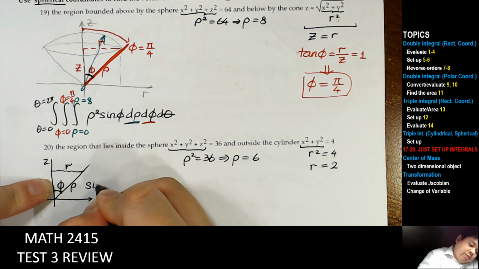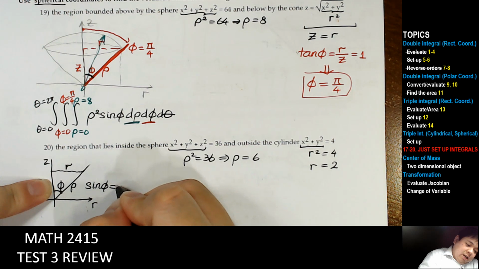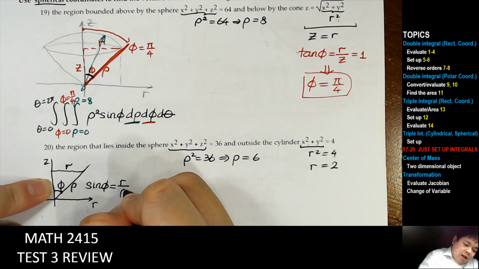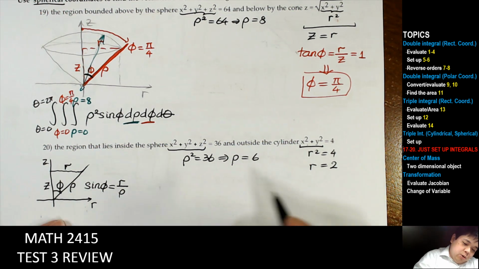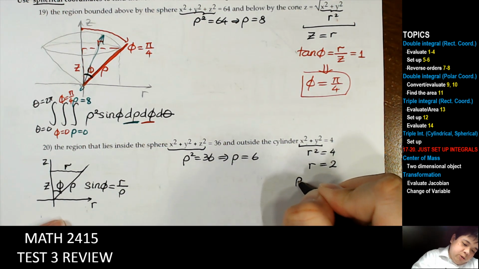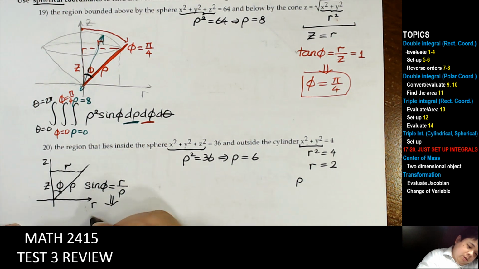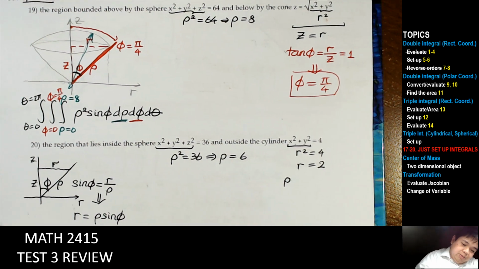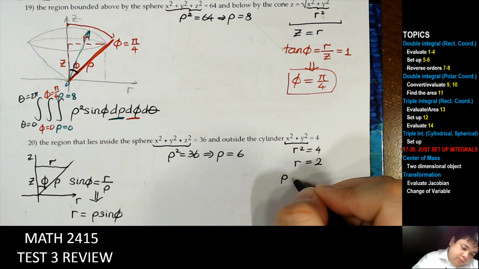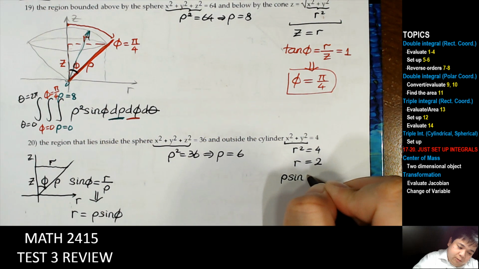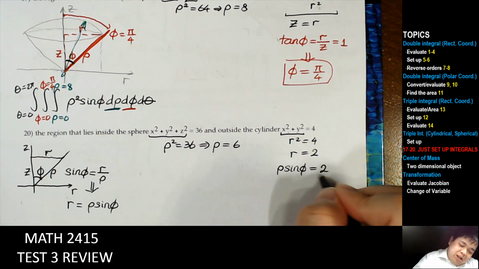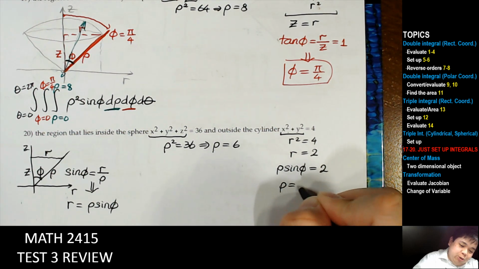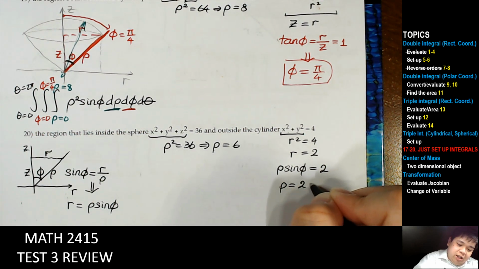So that's going to be sine of phi is opposite over hypotenuse. So we can say r is equal to rho sine of phi, and then divide by the sine on both sides. Rho equal to 2. 1 over sine is cosecant.